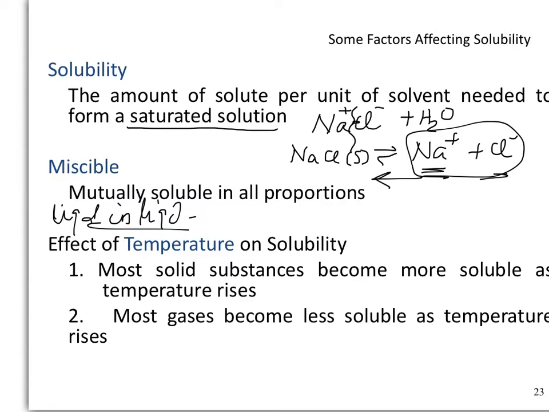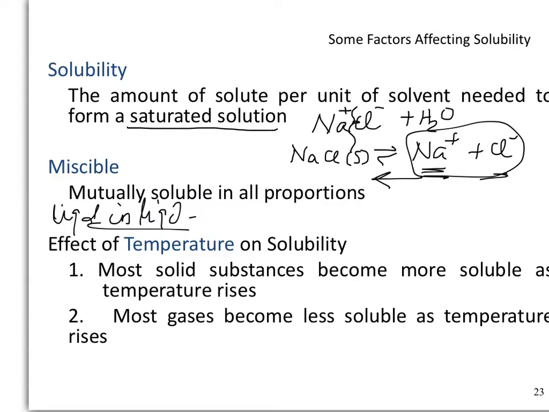As far as solids and liquids go, in general, the effect of temperature on solubility is that most solid substances become more soluble as the temperature rises. However, if your solute is a gas, it will tend to become less soluble as the temperature rises. This is one of the reasons why, if you have a soda pop and you open the can and drink whatever you want to, and you did not finish it off, and so you just left it at room temperature, it's going to go flat very quickly.